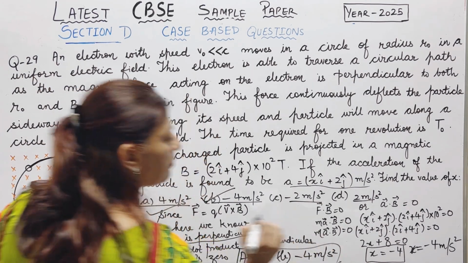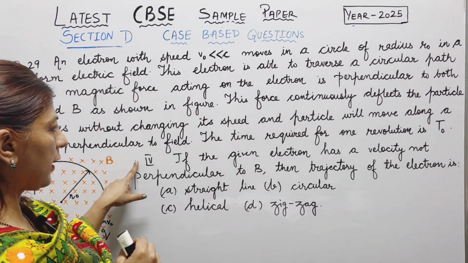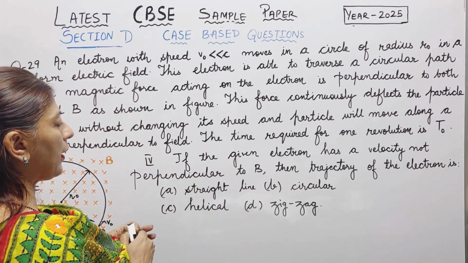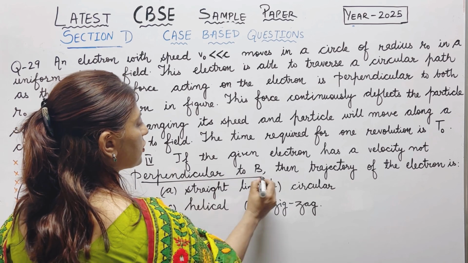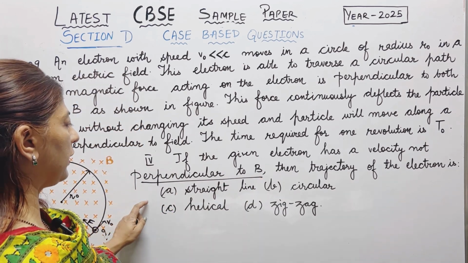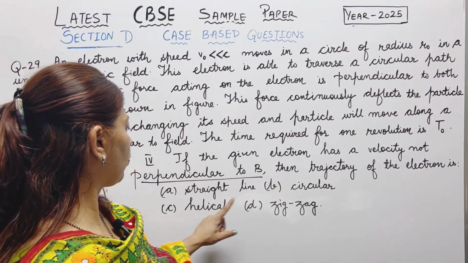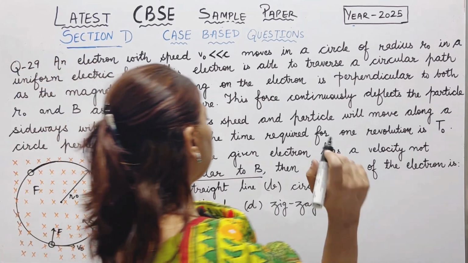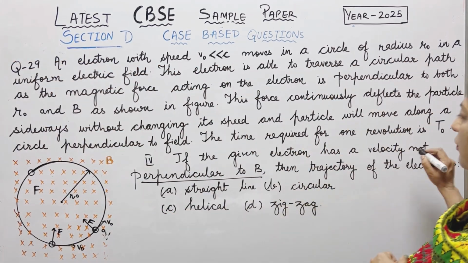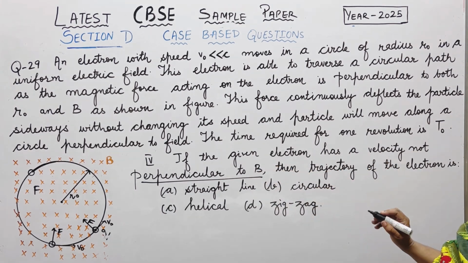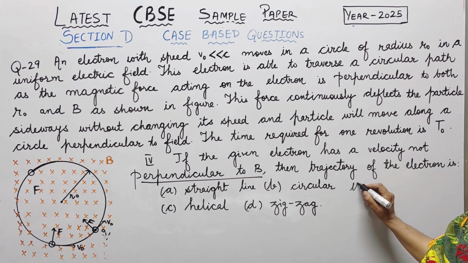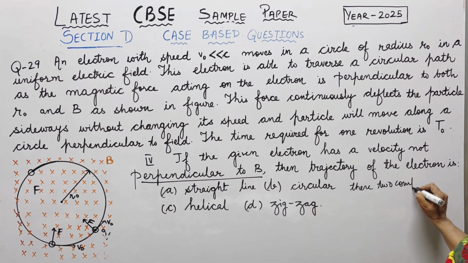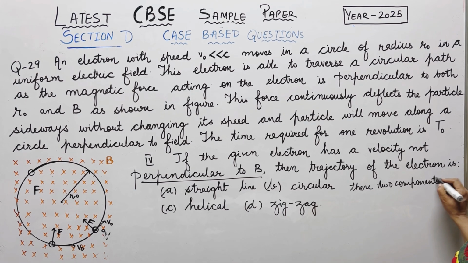In the fourth part, it has been asked: if the given electron has a velocity not perpendicular to B, the magnetic field, then the trajectory of the electron is a straight line, circular path, helical, or zigzag. Now, if the electron has a velocity not perpendicular to B, there are two components of velocity.